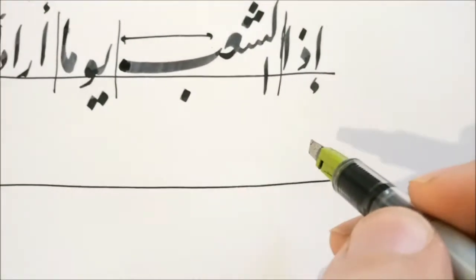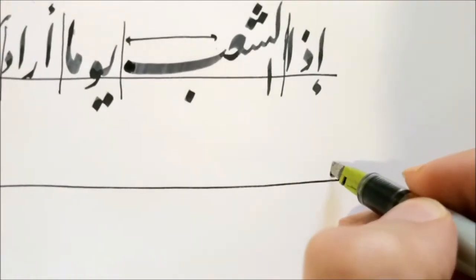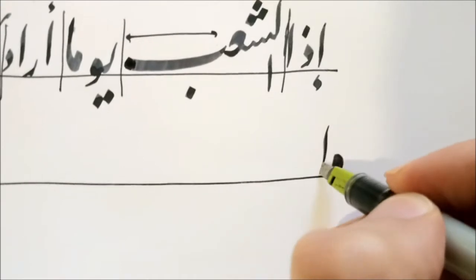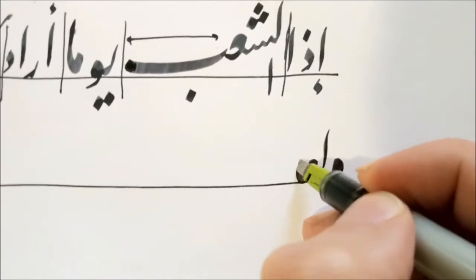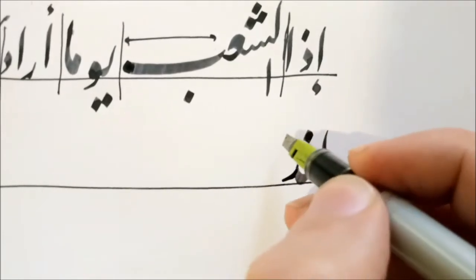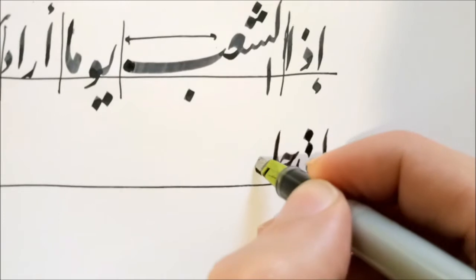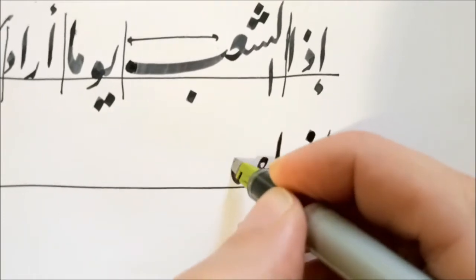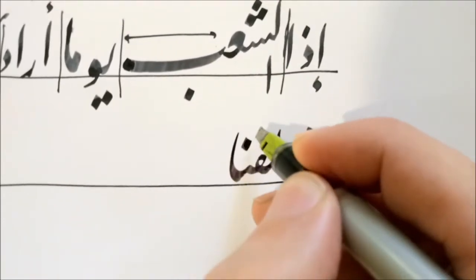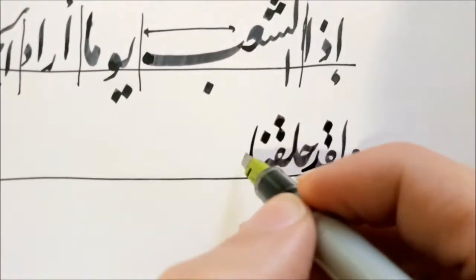So وَلَقَدْ خَلَقْنَا الْإِنسَانَ مِنْ سُلَالَةٍ مِنْ طِينٍ. So in this one, as we said, we don't add any extensions. خَلَقْنَا, خَاء and lam. And the letters are very close to each other. The words, I mean. الإنسان.